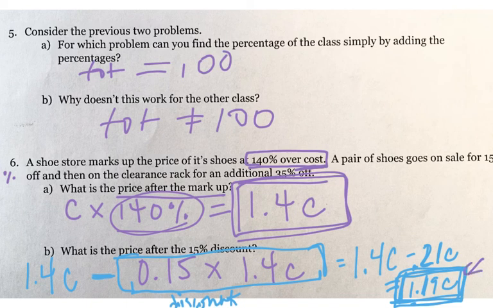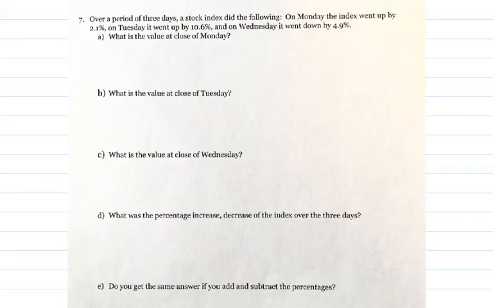So we'd follow the same process we did for part B, but we would start with 1.19C minus 0.35 times 1.19C to get our final result. Okay, I know this is kind of abstract, but you could do an example with real numbers and pick a value for the cost of the shoes and figure out what happens to that amount. Okay, so I'm going to skip this one.